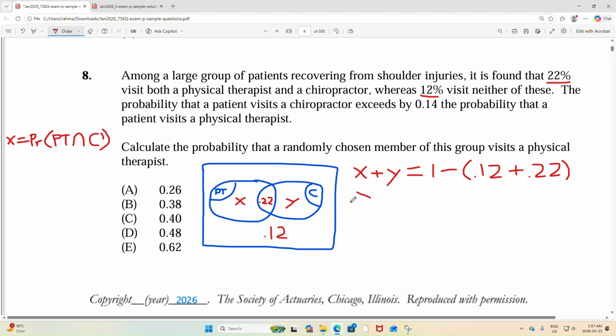So continuing with the solution here, X plus Y is going to give us 0.66.